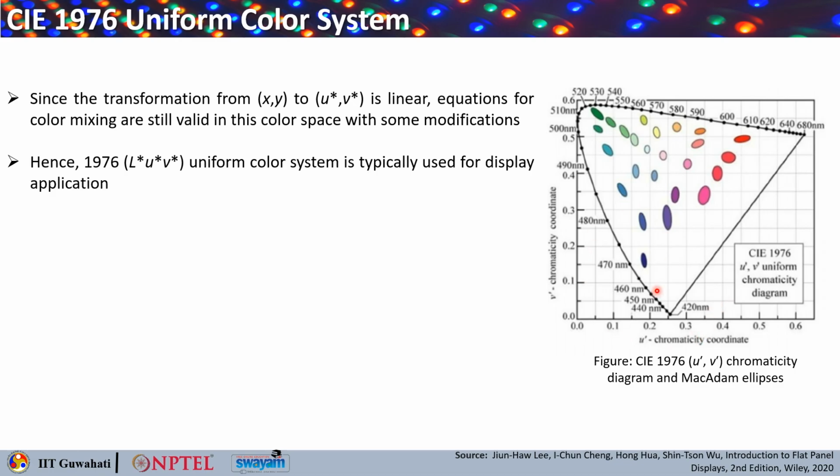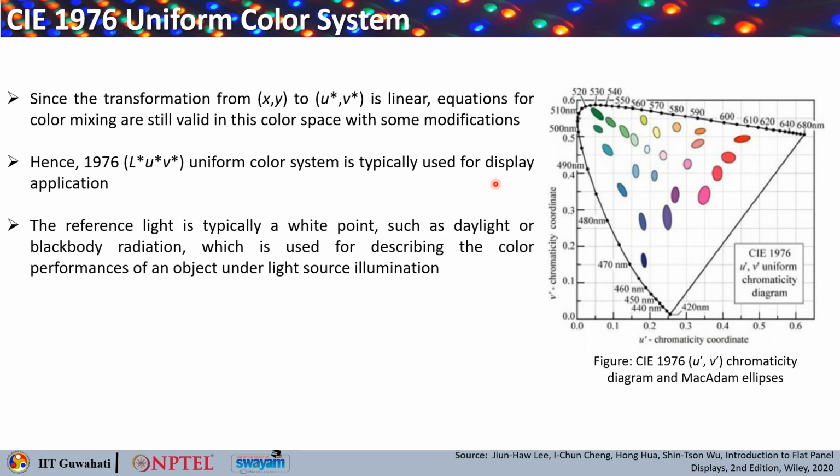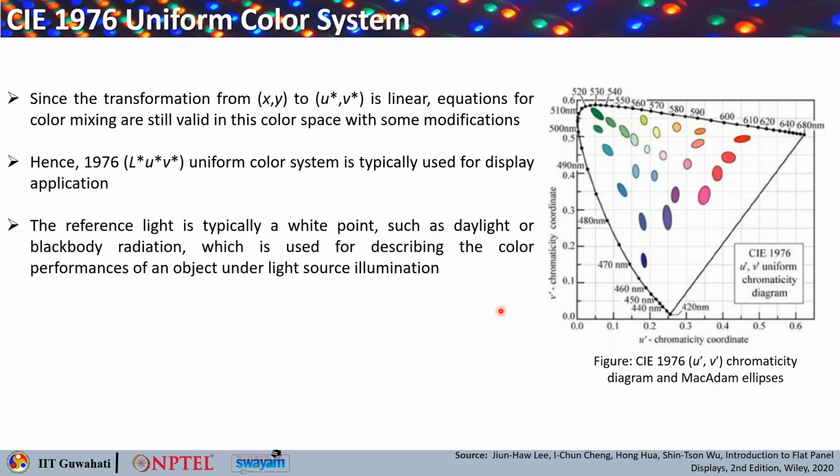So as a result, what you have obtained is this CIE 1976 L star, u star, v star uniform color system that is typically used in display applications. The reference light is typically a white point, such as daylight or black body radiation, which is used for describing the color performance of an object under light source illumination.